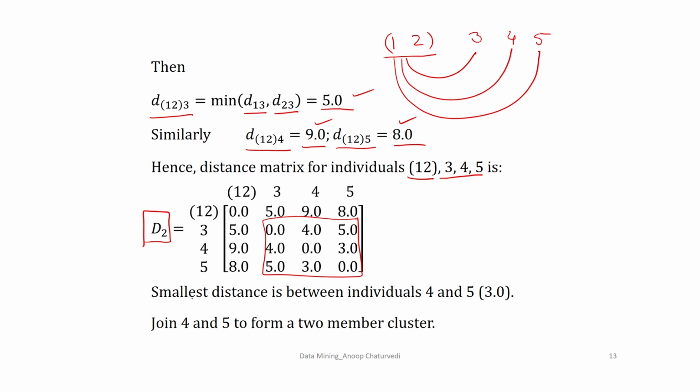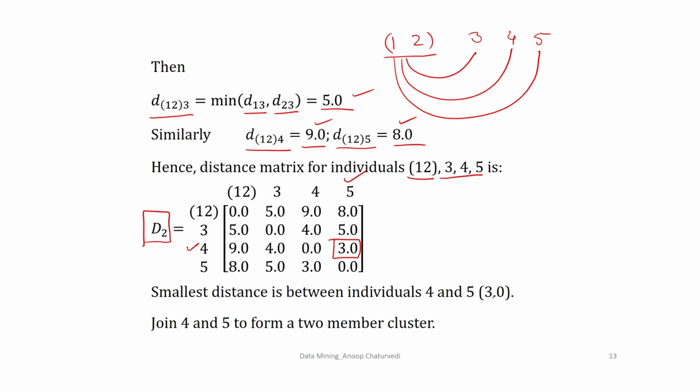Again, we calculate the smallest distance between two individuals, and we observe that the smallest value of the distance matrix is 3.0, which is the distance between 4 and 5.